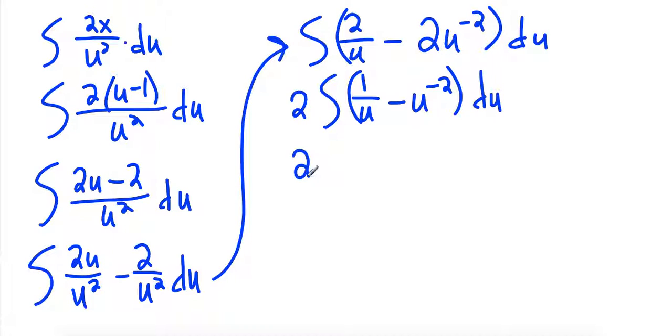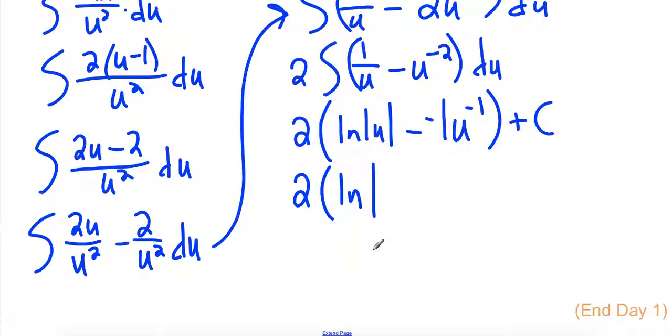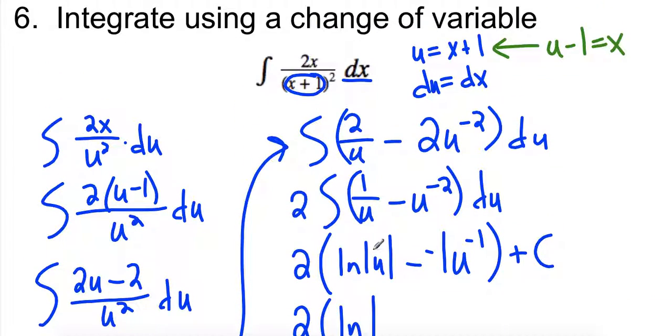This is going to be natural log of u. And then we need to raise our exponent here, so negative 1, and then we need a negative 1 here. So we get 2 times the natural log of, I don't remember what u was, I'm having a terrible time, x plus 1.